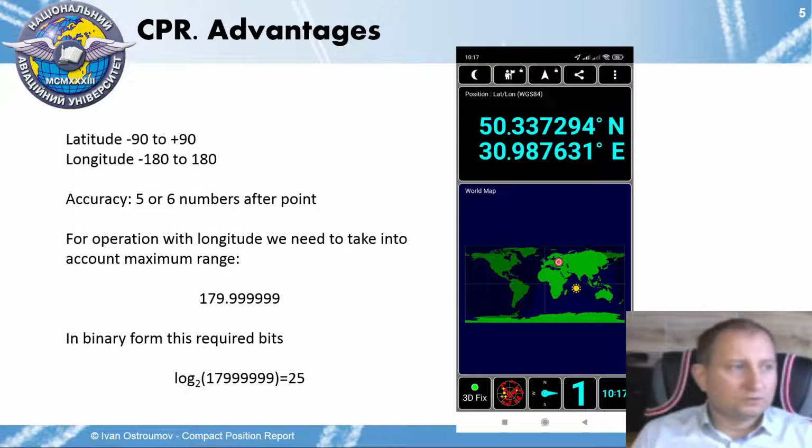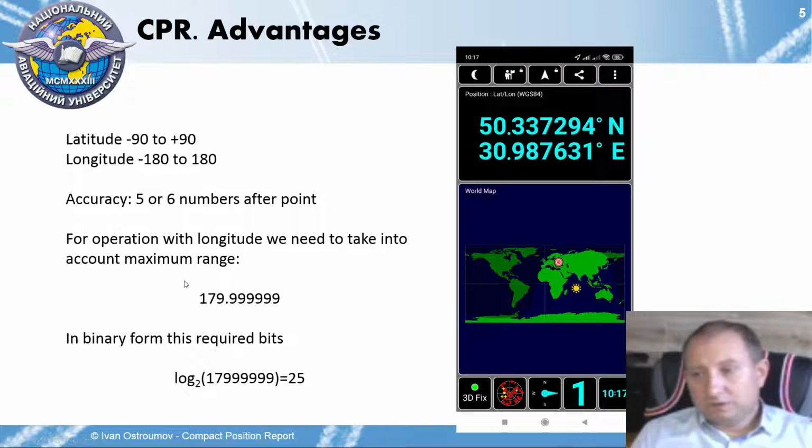North, west, latitude and longitudes. That's why we can specify the maximum value of longitude at 179 dot and 5 or 6 digits.